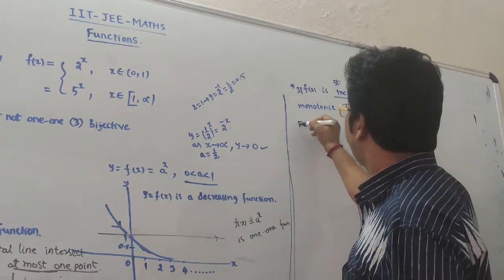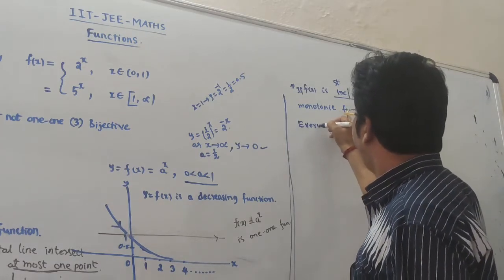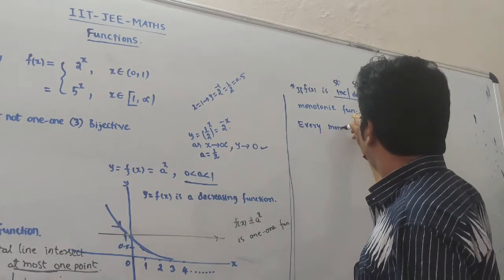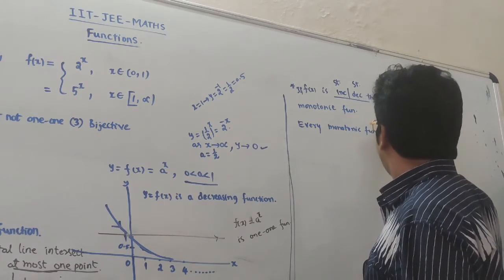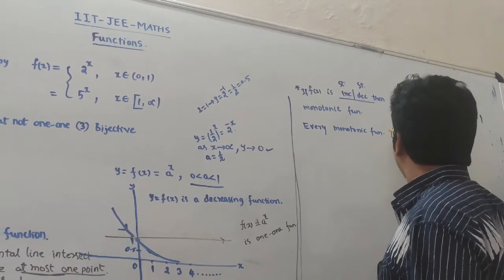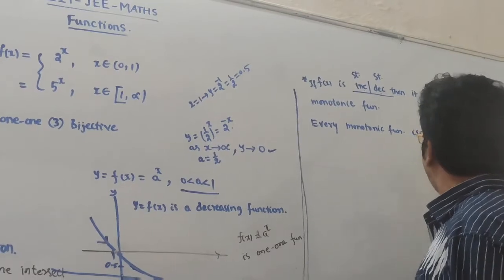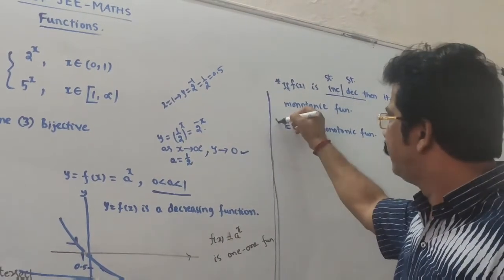So next point, every monotonic function is 1 function. Remember, this is the shortcut.